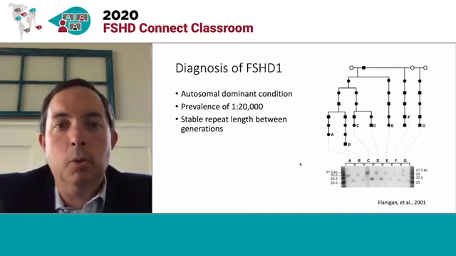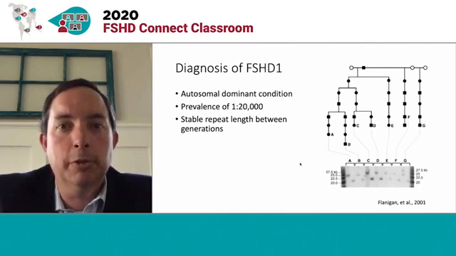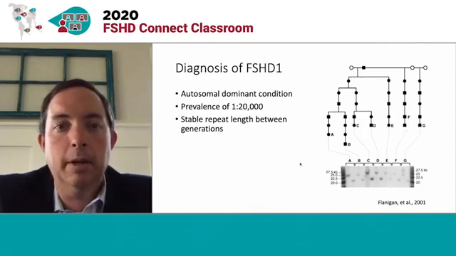What's important to know about particularly FSHD1 and likely FSHD2 is that as opposed to some of the other forms of muscular dystrophy where you can see that the disorder gets worse between generations, here in FSHD, we know, in fact, that the repeat length, the contraction on the D4Z4 repetitive element, is the same between generations.